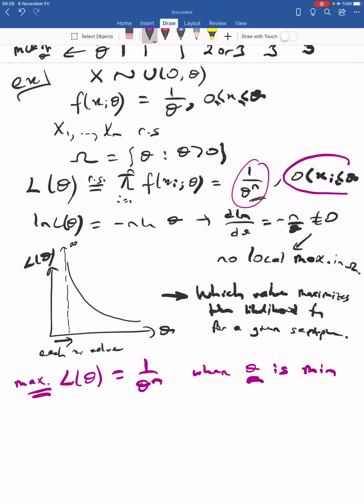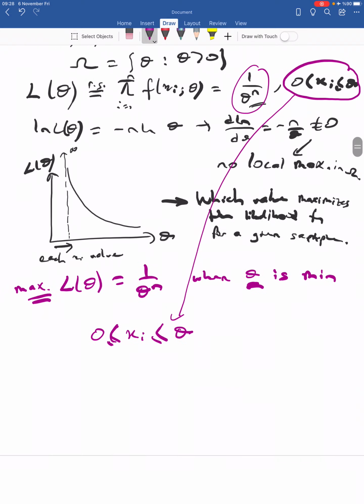This is the range of theta in terms of the likelihood function, so let's focus on this one. Each xi value should be less than or equal to theta. Let's put an equal sign also here. We have a sample of size n, so x1 to xn should be in this range.